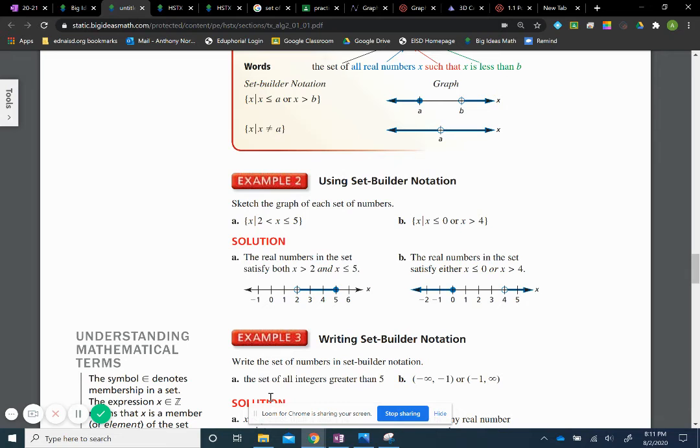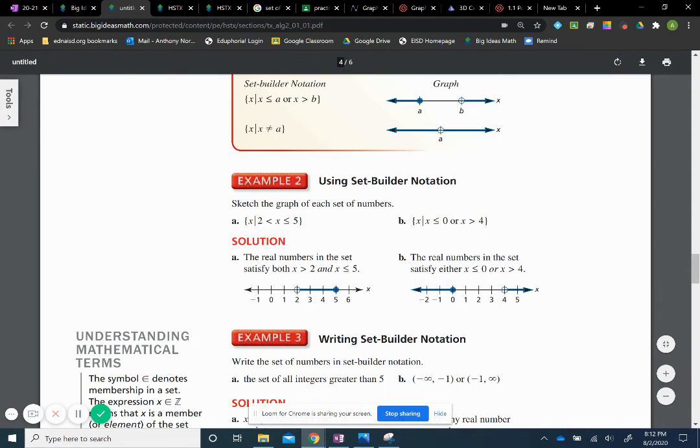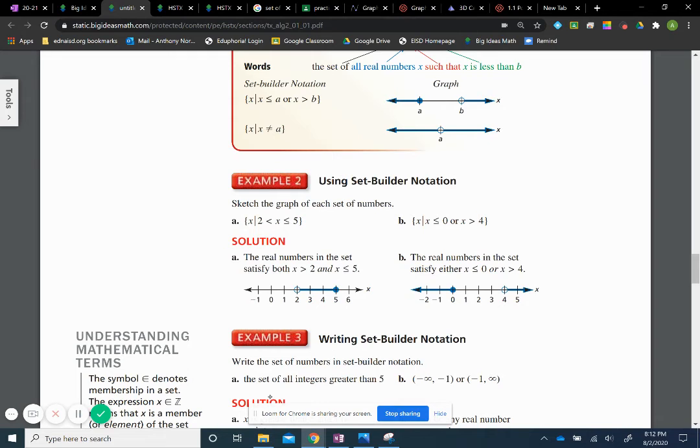Again, the real numbers in a set satisfy both. This is what they're saying it means, but it's math talk. We're going to simplify it. Yes, numbers where they are between 2 and 5. Here's the graph.